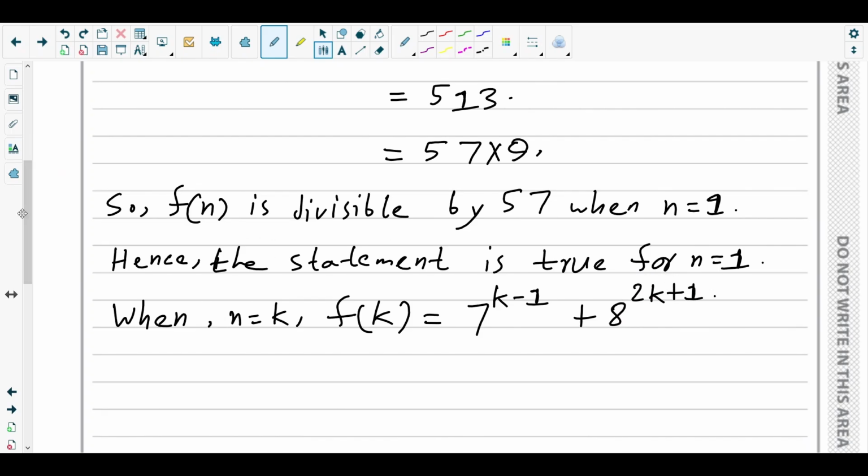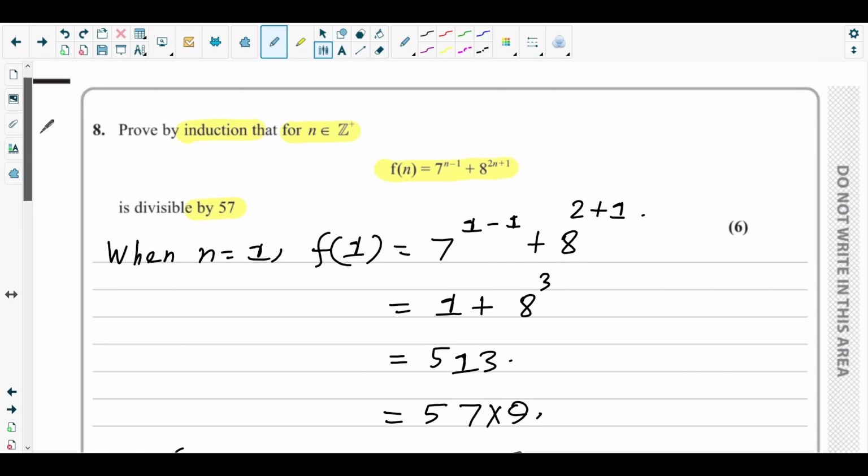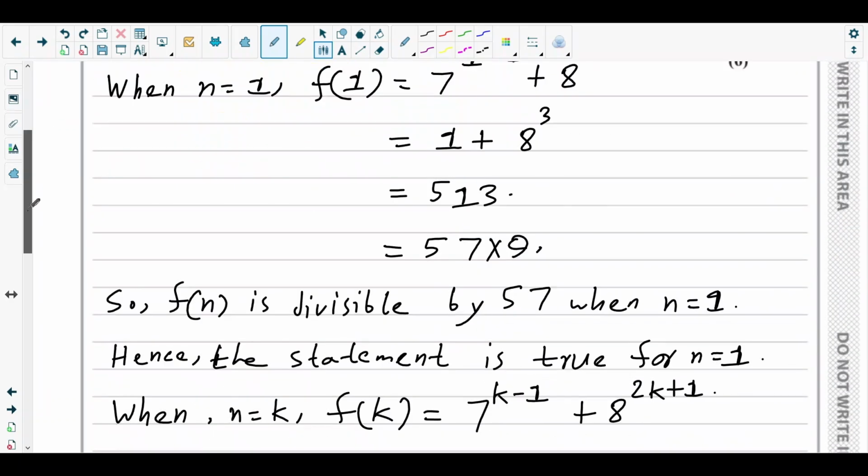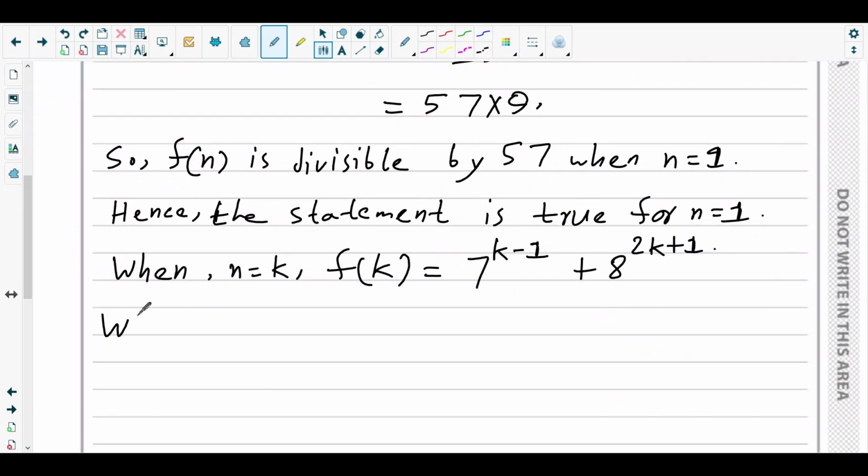This is the equation of f of k when n equals k. Now get the equation for n equals k plus 1. We can't show it directly, so before doing the induction, let's get the equation for k plus 1.